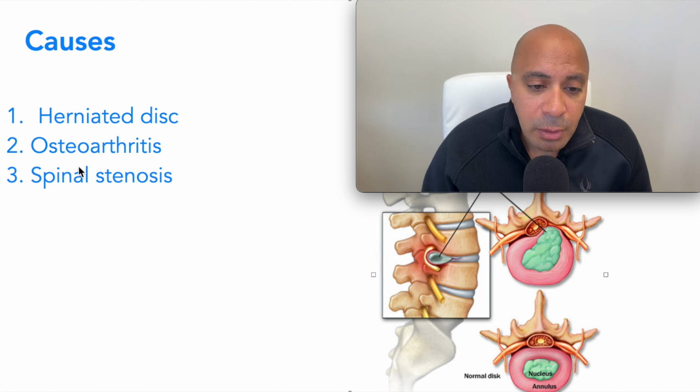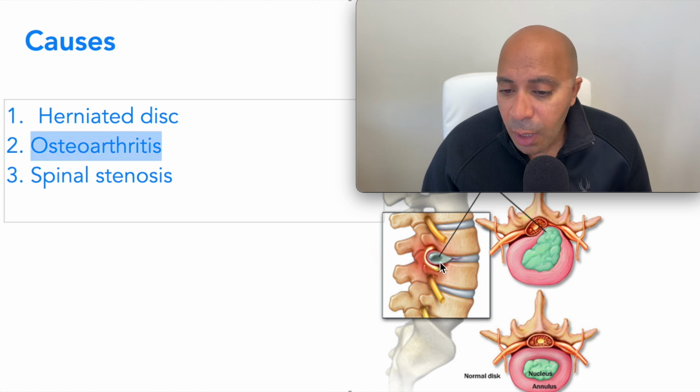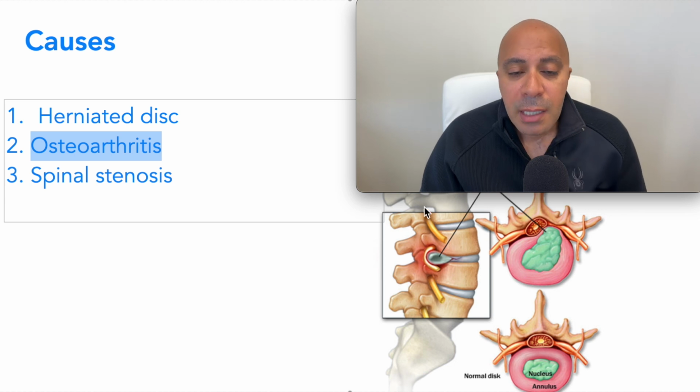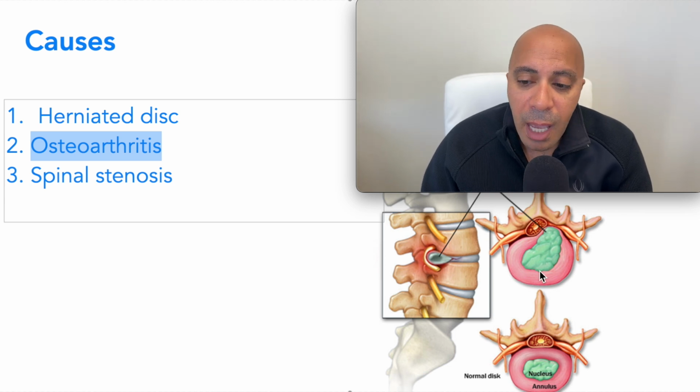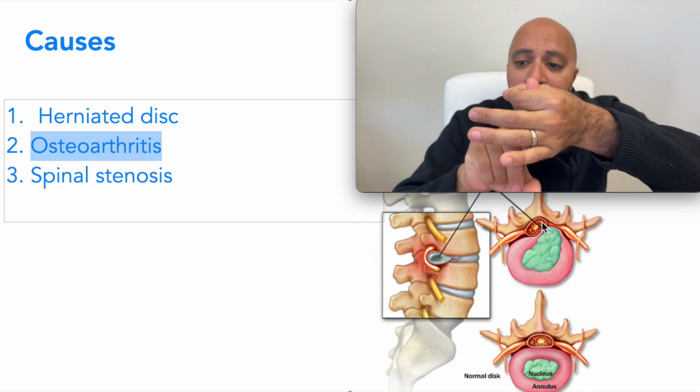The other cause is osteoarthritis. When you have arthritic changes around this area, it could compress on the nerve that goes down to your leg. Spinal stenosis usually happens when you have narrowing in the spinal canal, the area where your spinal cord goes in the canal, like here.